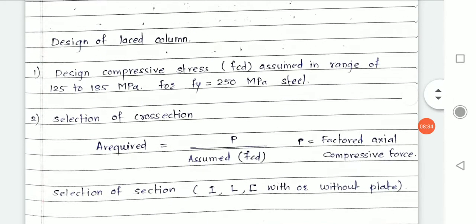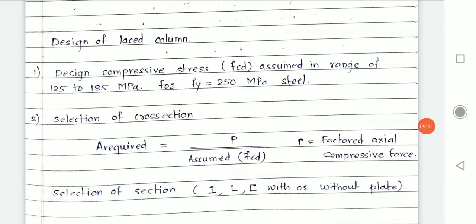All right, now how to design a laced column, and how to go for lacing and battening for the built up column. So let's start our step by step procedure. We will first understand the steps required to follow, and then we will move towards solving the problem. So let's see here, the first step says that design compressive stress FCD needs to be assumed, and that range is given over here, which is between 125 to 185 MPa for Fy 250 MPa of a steel.